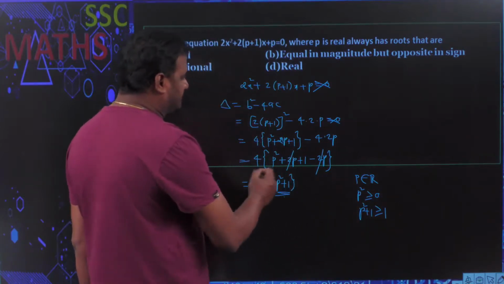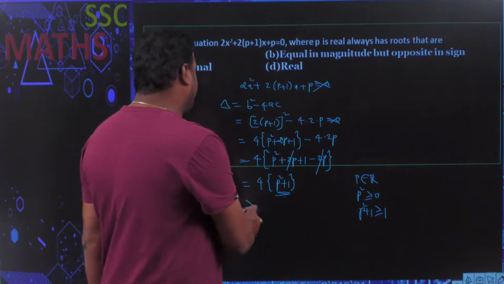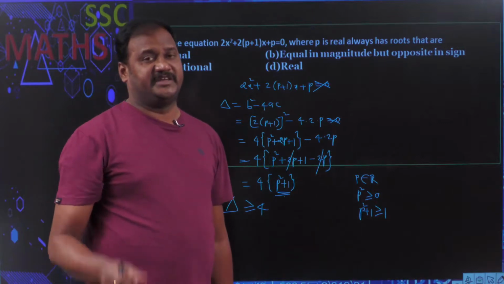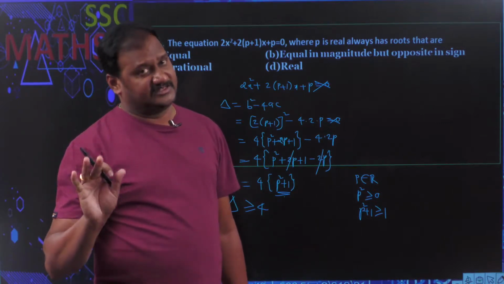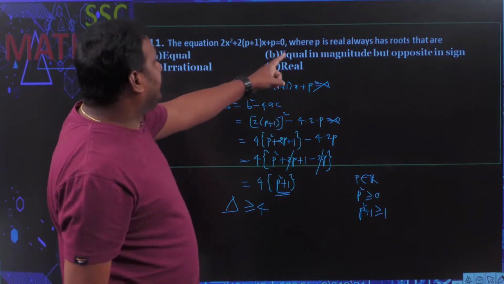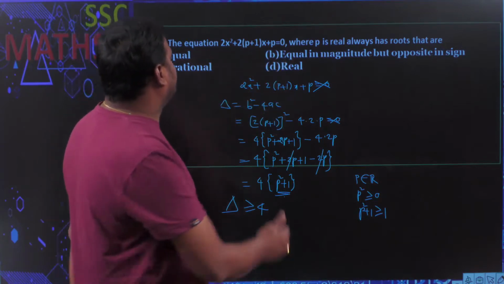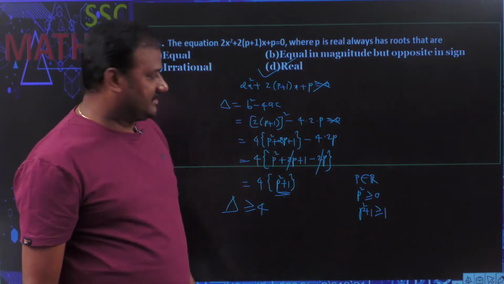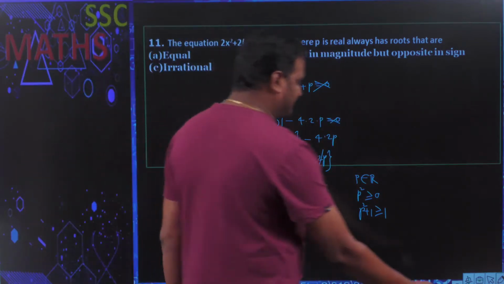So this value is always more than or equal to 4. So delta more than or equal to 4 means what? It should be a positive real number all the time. You understand? So you can say that the roots are always real roots. So this is the way of answering the problem.